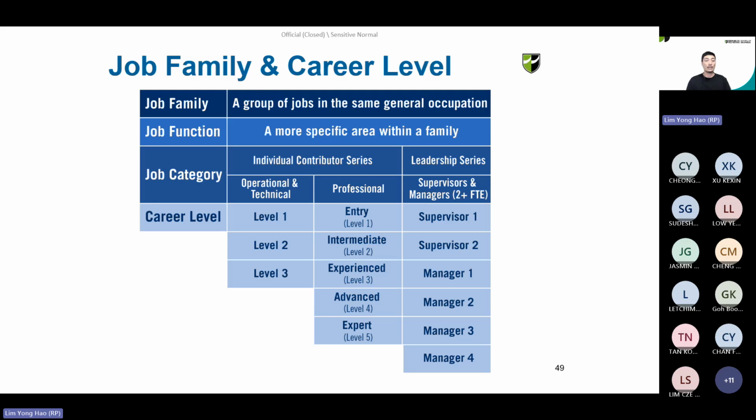So maybe for operational and technical you have 3 levels. For professional, if these are really going deep into particular technical skills, then they may have up to expert. If you are doing a bit more leadership role, then you have supervisor, manager, director.